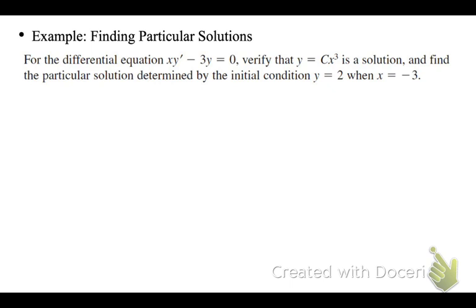Okay, for the differential equation x y prime minus 3y equals 0, verify y equals c x cubed is the solution. So verify, so that means it is, yes? And find the particular solution determined by the initial condition of y equals 2 and x equals negative 3.